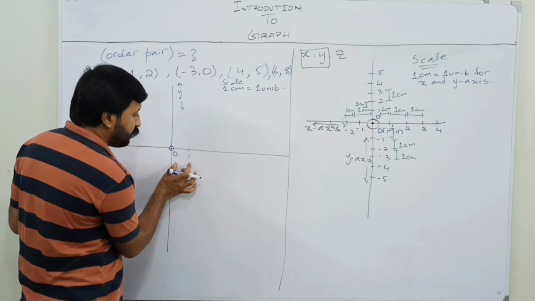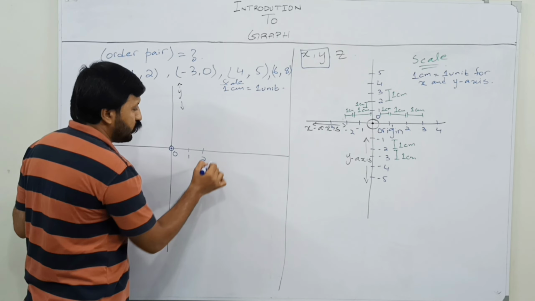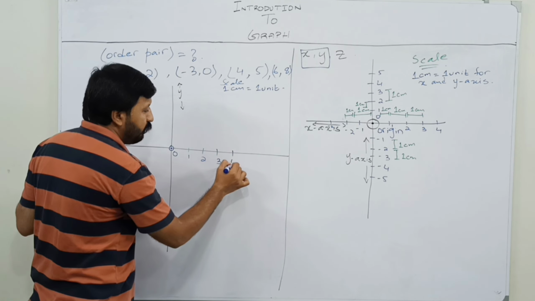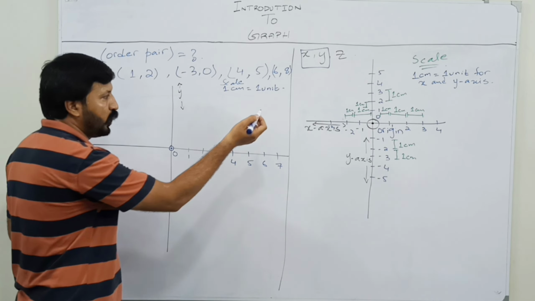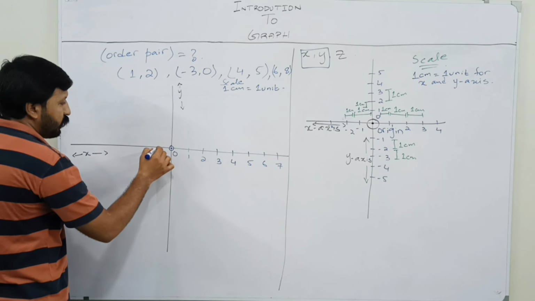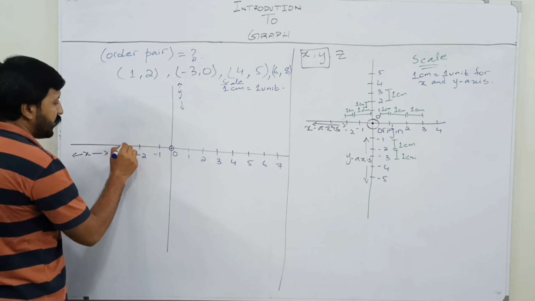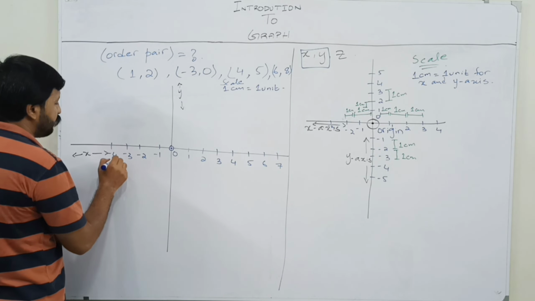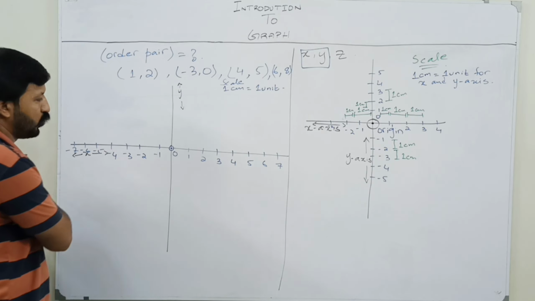So 0 to 1, I have to take this distance as 1 centimeter. Again 1 centimeter, 2, again 1 centimeter, 3, 4, 5, 6, 7, and so on. And this will be minus 1. Again 1 centimeter, minus 2, minus 3, minus 4, minus 5, minus 6, minus 7, and so on.